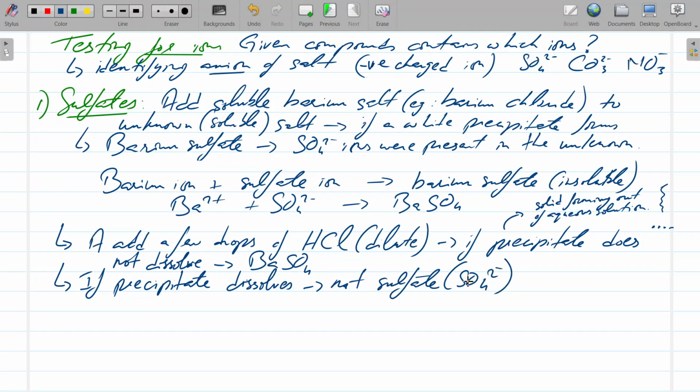It could be, for example, sulfite. That is SO3 2-, which I just mentioned. So that's a different ion.